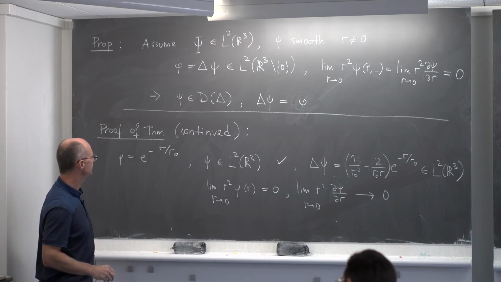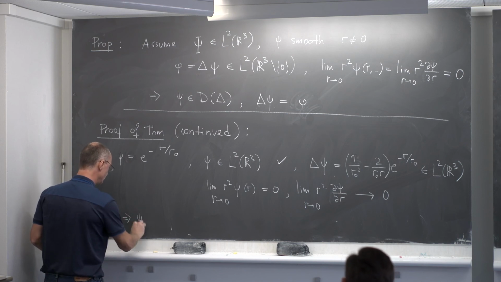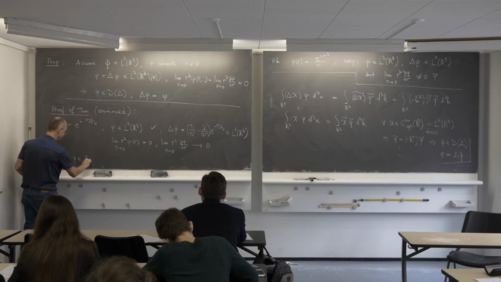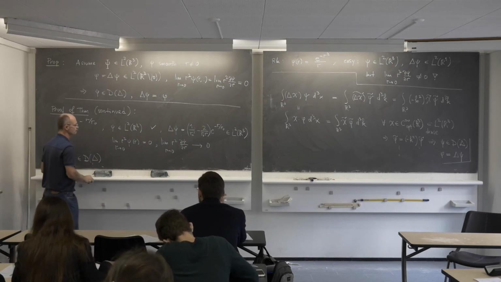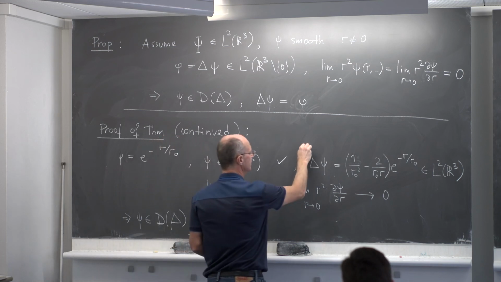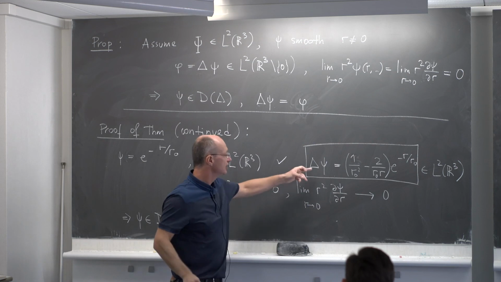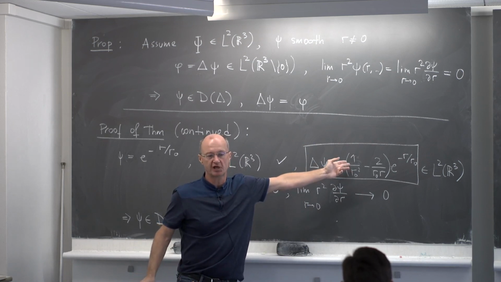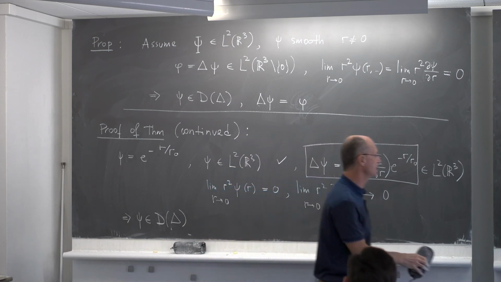So all the conditions are verified, and this means that psi is in the domain of the Laplacian, and the naive Laplacian, the Laplacian that we computed, is actually the image of psi under the self-adjoint Laplace operator.